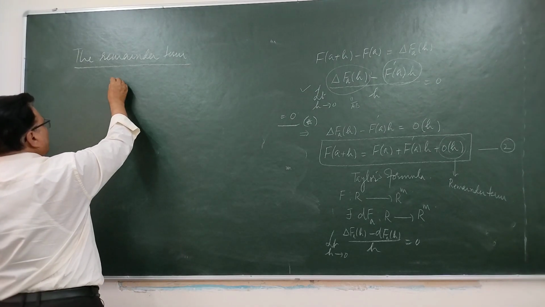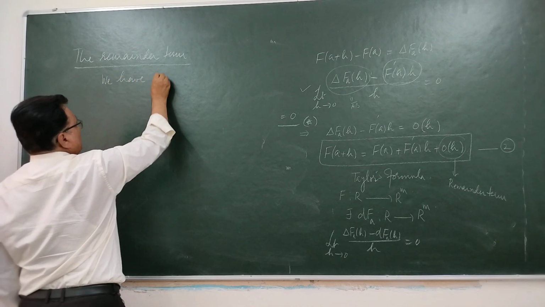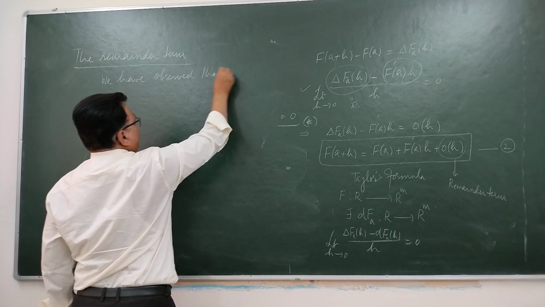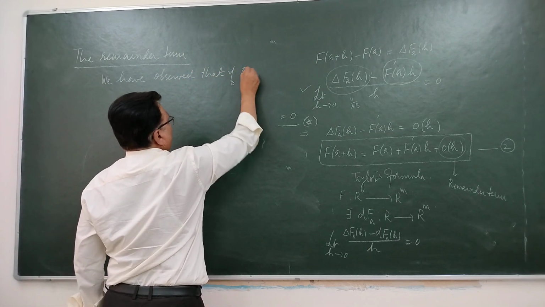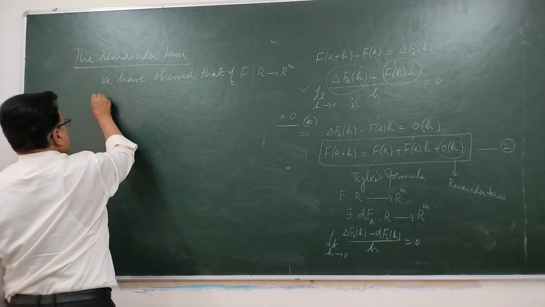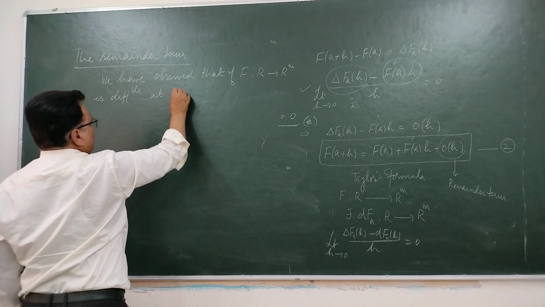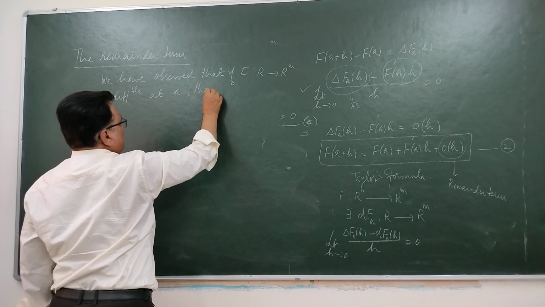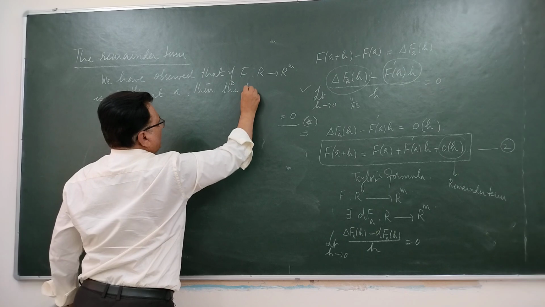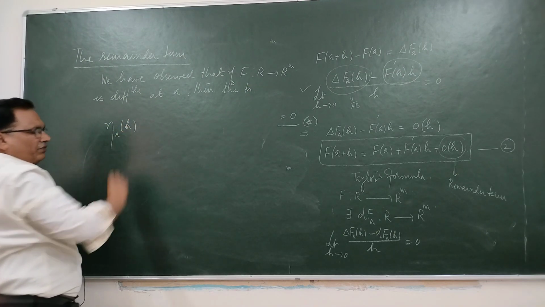What we have observed is that if f from R to Rn is differentiable at a, then the function eta a, which I am defining here, is a function of h.